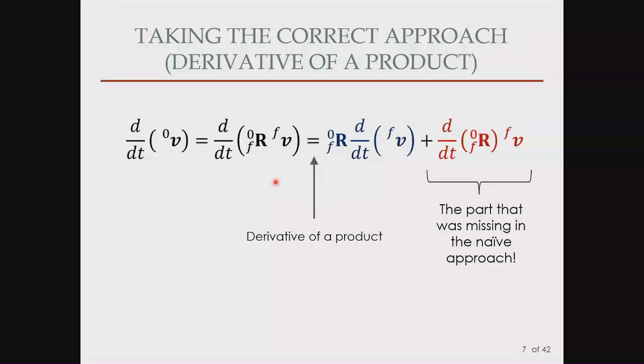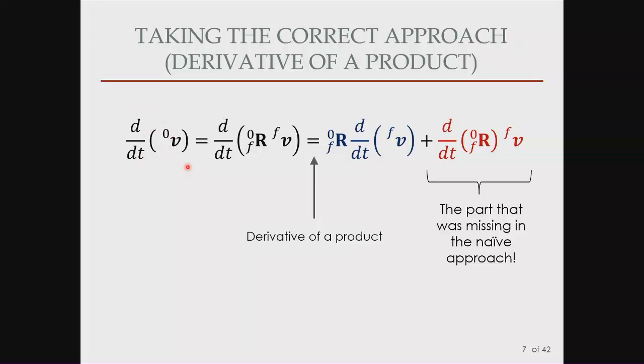Now, the inside of the brackets is equivalent, right? So I can rewrite V in frame 0 as V in some other frame F multiplied by the rotation from F to 0, right? So the inside of the brackets is fine. What we did the correct way was to take the component by component derivative of the position vector R from A to B in frame 0. So that was fine.